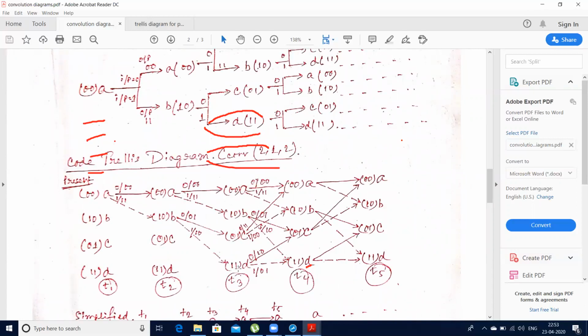Now this is my present state, right? From A, it is converted to A and B. I'm just magnifying it.